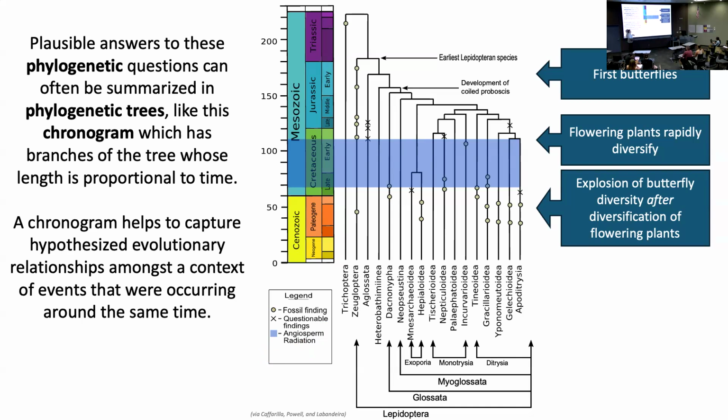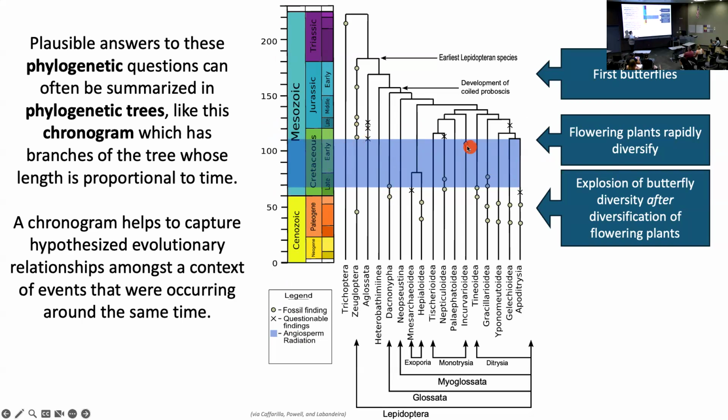So what they're saying is that based on fossil evidence, geological evidence, and evidence from other phylogenies, evidence that's not shown here, you had flowering plants around this long ago. This is 100 million years ago, right? So this is when you got a lot of flowering plants in this area here.